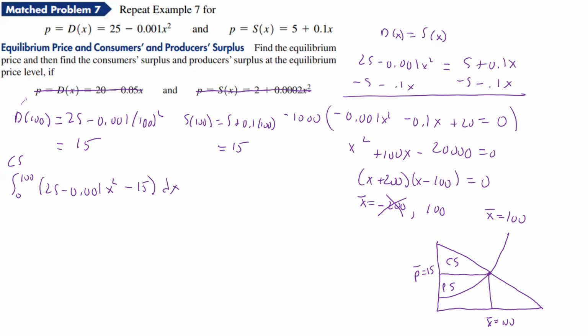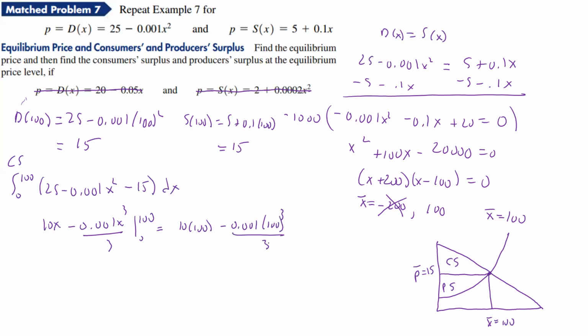Now, 25 minus 15 is 10, so the integral of that is going to be 10x. Then we have minus 0.001x cubed over 3 from 0 to 100. Again, 0 is not going to do anything, so we'll have 10 times 100 minus 0.001 times 100 cubed divided by 3.